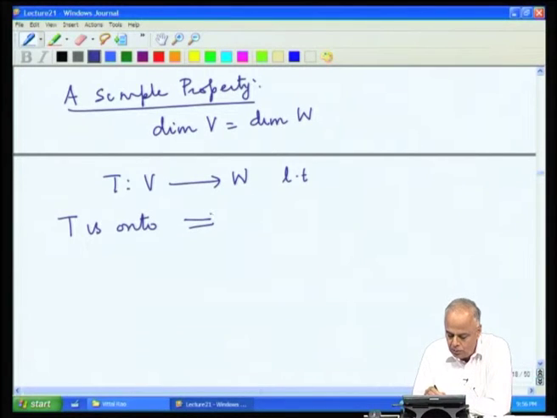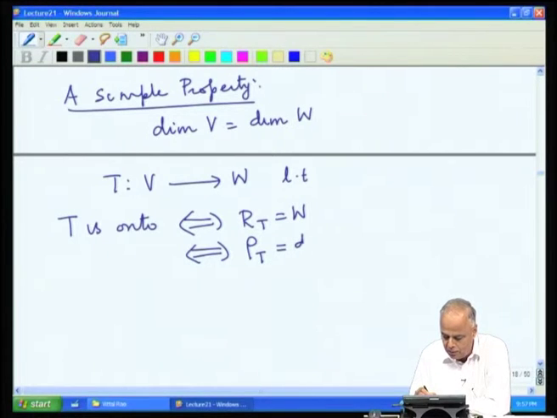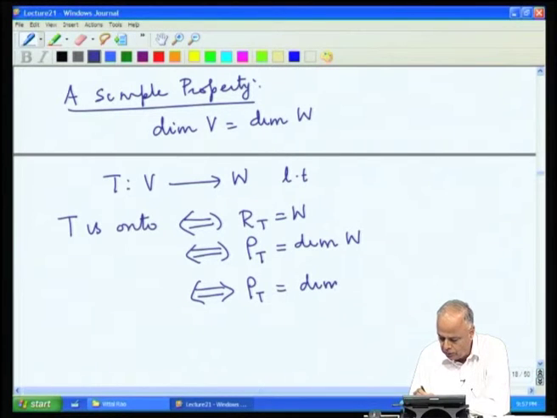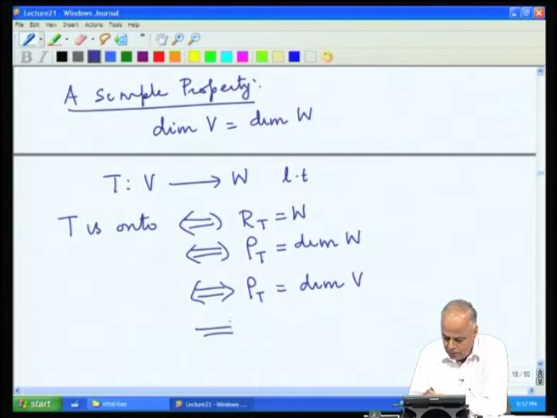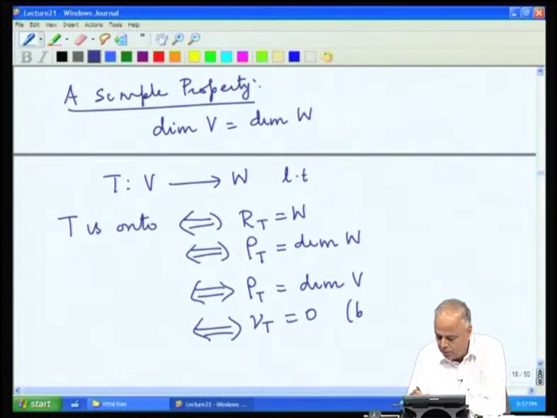When is T onto? This means if and only if the range of T is W, if and only if the rank of T is equal to the dimension of W, but the dimension of W is the same as the dimension of V. So, if and only if rank of T is equal to the dimension of V, but by the rank nullity theorem, the rank plus nullity is equal to the dimension of V. So, therefore, if the rank of T has to be dimension of V, the nullity of T is forced to be 0.